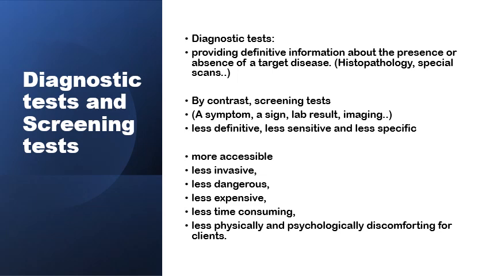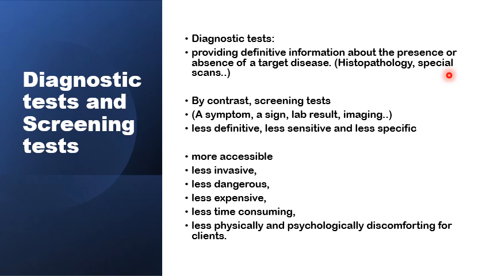In clinical practice, in general, there are two types of tests. There are the diagnostic tests that provide definitive information about the presence or the absence of a certain disease or a certain disorder. It's like, for example, histopathology in tumors or special types of scans, say, for example, an MRI scan for vestibular schwannomas.